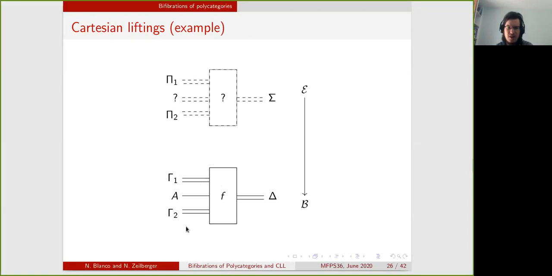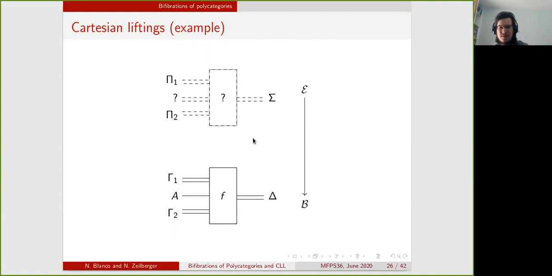So given a polymap F in the base, if I have a refinement, if I have an object over every object of the domain and codomain of F except for one, I should be able to find one object over A in such a way that it comes with a Cartesian polymap that lies over F.